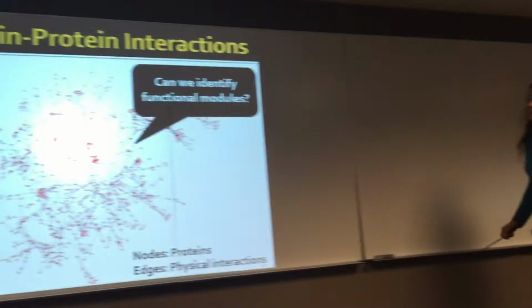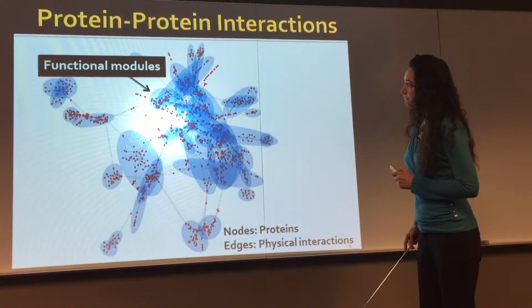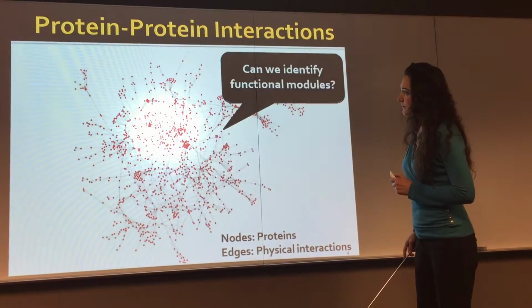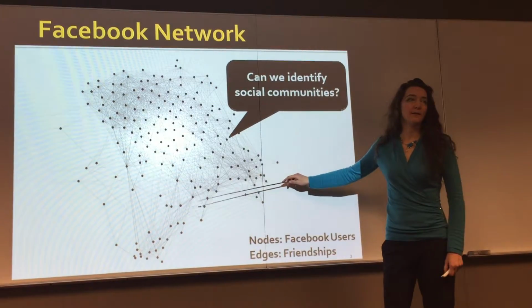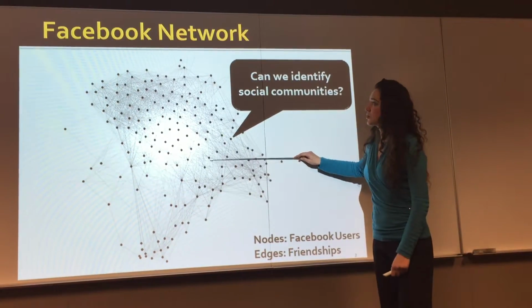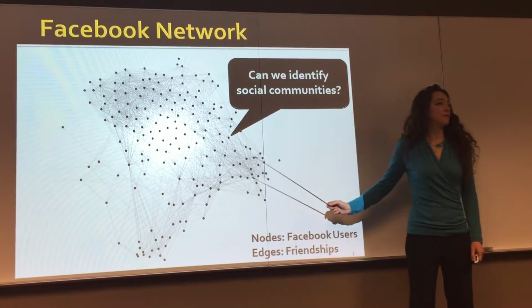That's the Facebook data. This is social network data. So this data is showing all the friends of a particular student.